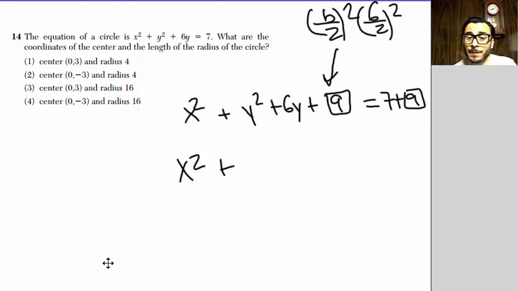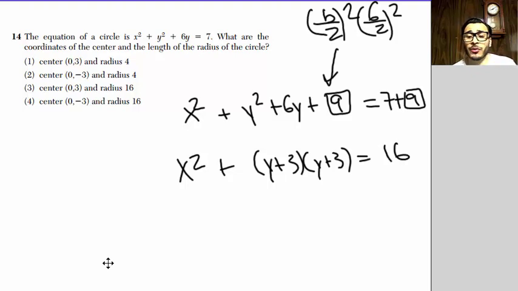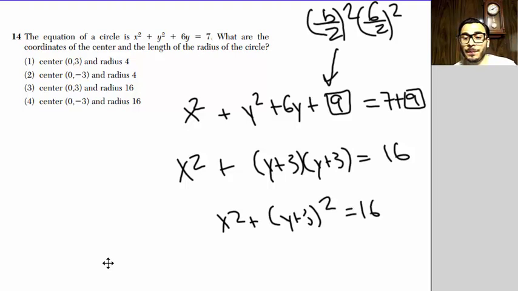Now, this can be factored. I can factor it like this: y plus 3 times y plus 3. 7 plus 9 is 16. Why y plus 3 times y plus 3? Well, because 3 times 3 is 9, and 3 plus 3 adds up to 6. But then this, I can rewrite as x squared plus (y plus 3) squared equals 16.